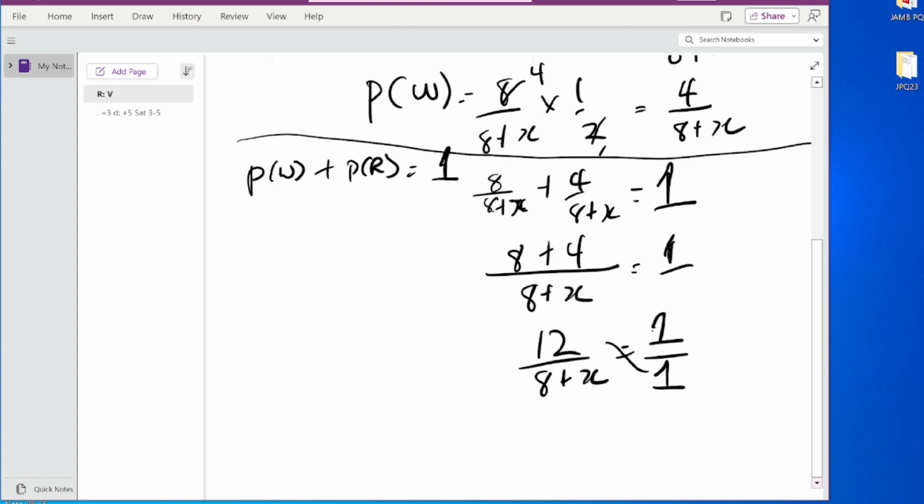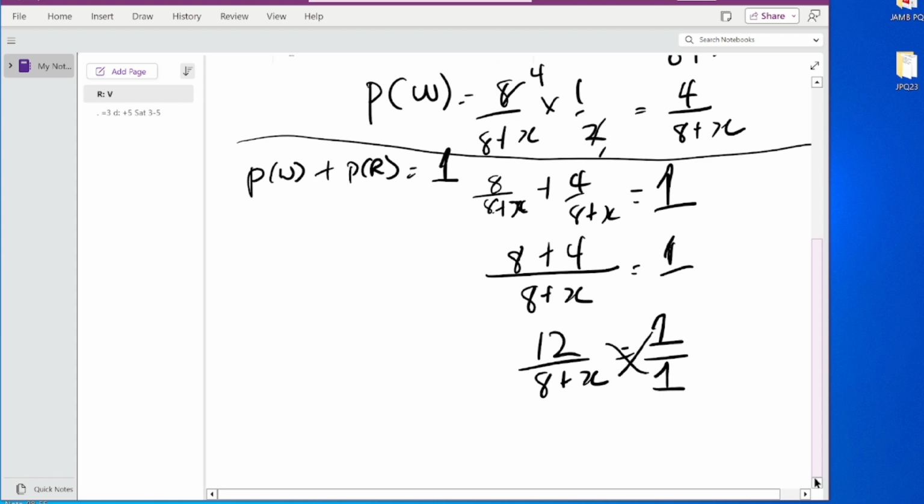Then we cross multiply to make it plain math, which we can work with. So we have 12 times 1 is 12, and 1 times 8 plus X is 8 plus X. Our X will be 12 minus 8, which is 4.